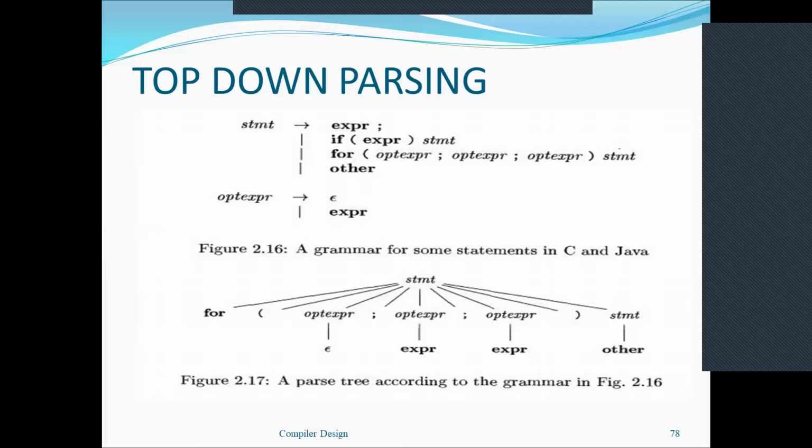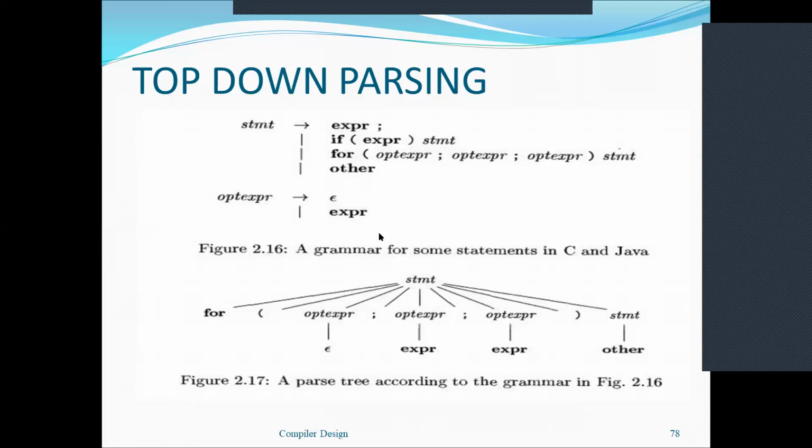When this is converted to a parse tree, the parse tree will be like this. It starts with the root statement, the head of the production.